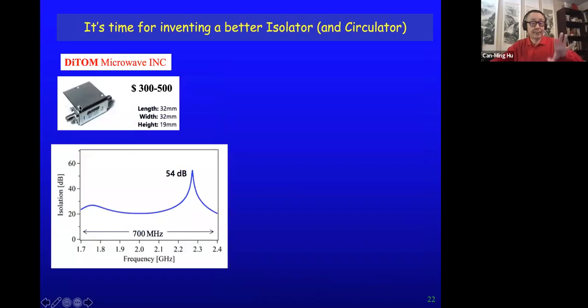This is a kind of device, if you have never seen it, you can buy from Diode, the microwave company, at a price of about $300 to $500 for one piece. It will give you isolation, which means the ratio between transmission from one way to the other way, of roughly 54 dB. We measured this; we purchased the device and measured it.